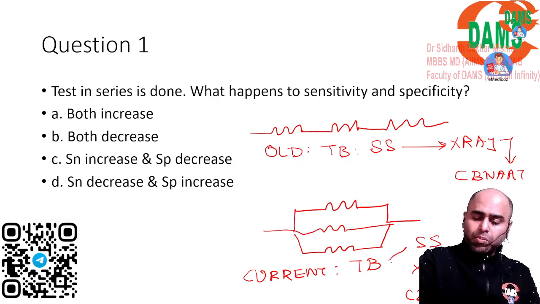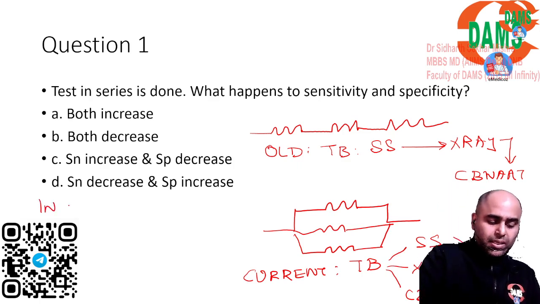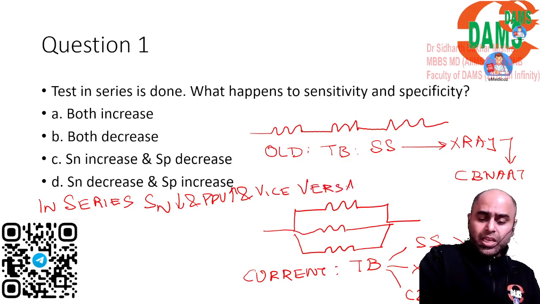Guys, the only problem is to pick up whether it is a series or a parallel testing. Now, just remember this line: in series, the sensitivity drops and PPV increases, and vice versa in parallel. Why am I asking you to remember?